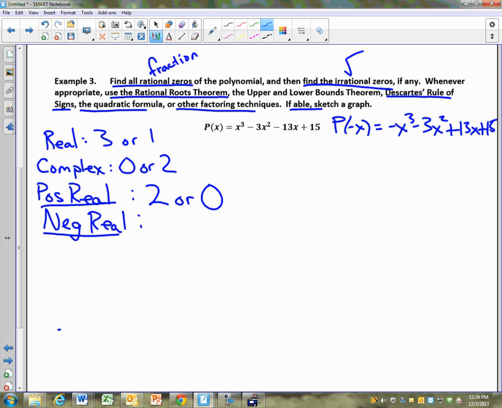The evens will stay the same because if you square a negative, it becomes positive, so that doesn't result in a sign change. Do you have a sign change here? Here? Here? So you have 1.